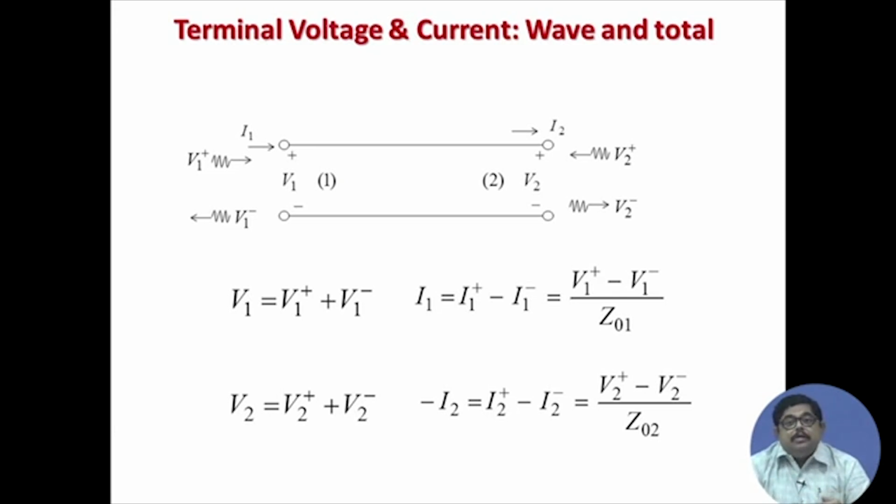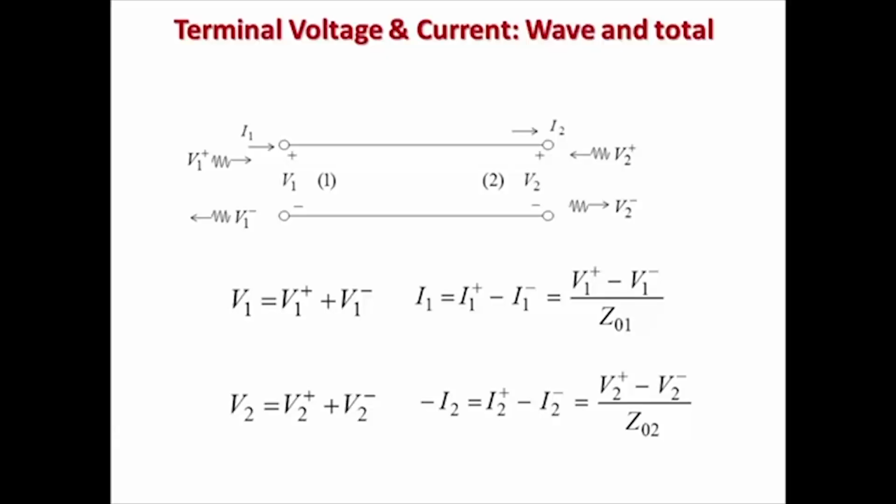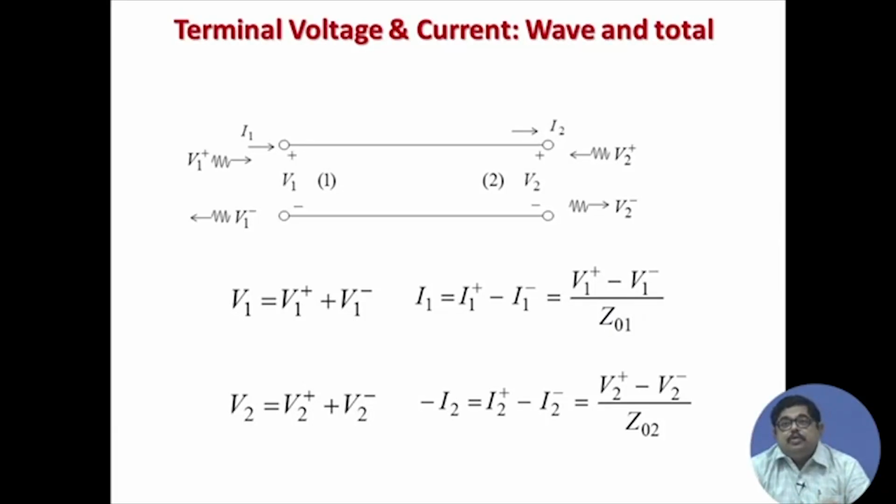Also, the total port current I1 should be broken into the incident current wave I1 plus and reflected current wave I1 minus, and you know that their relationship is I1 equals I1 plus minus I1 minus, and that we can again relate to the voltage waves by bringing the reference impedance at port 1, let us say that is Z naught 1. In most of the cases this Z naught 1 is taken as Z naught of the transmission line.